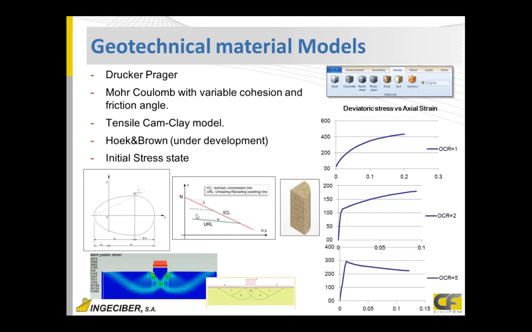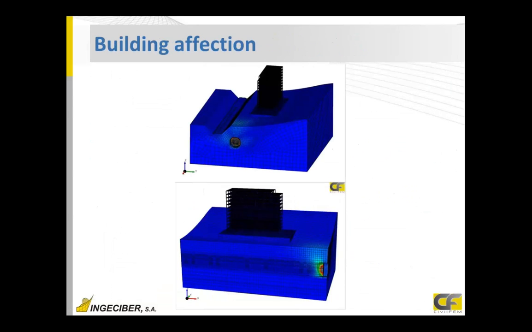We are able to model them with Cam-Clay, and to do these typical problems with joint elements generated in the model, where we can calculate the load capacities and different types of problems.